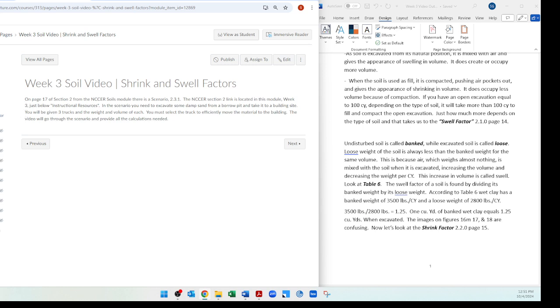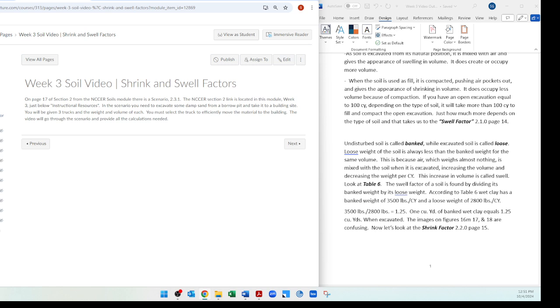Here's where I typed it for you so you could reread it on page 17 of Section 2, this whole document from the NCCER Soils module. There's a scenario, and it's subsection 2.3.1. The NCCER Section 2 link is located in this module, week 3, just below instructional resources, and that's the reading assignment I gave you just a minute ago.